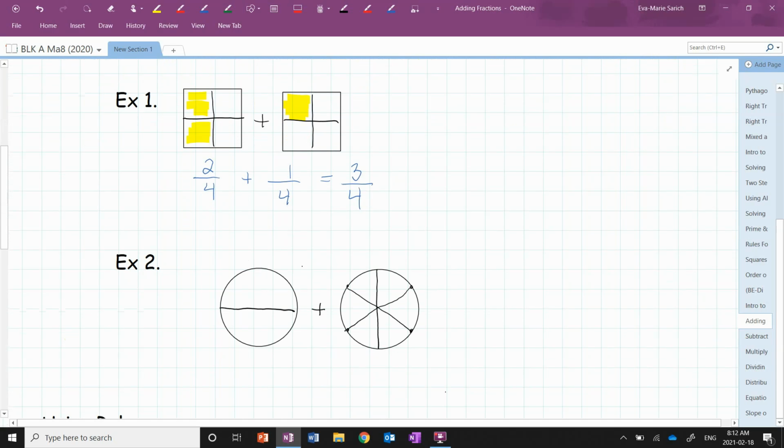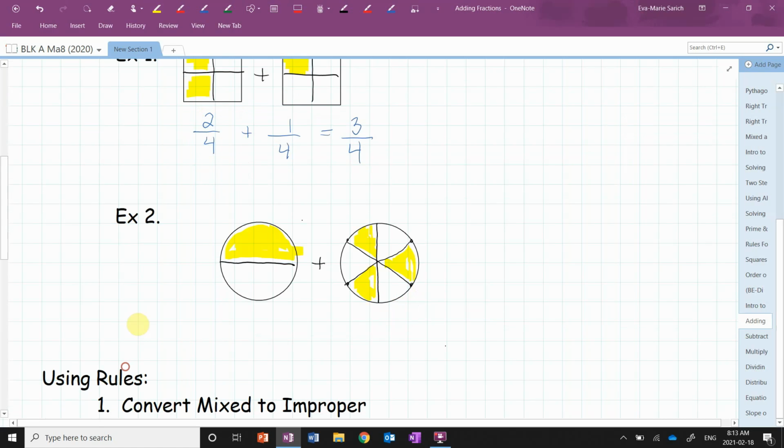Okay? So we'll go back to circular pizzas. So this is a round pizza that's been cut in half so that we have 2 pieces. And we want to take one of those and add it to a pizza that has been cut into how many pieces? 1, 2, 3, 4, 5, 6 pieces.